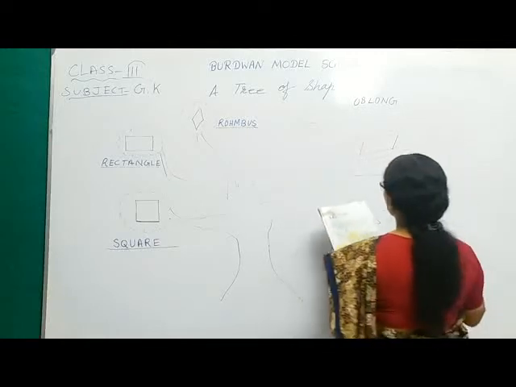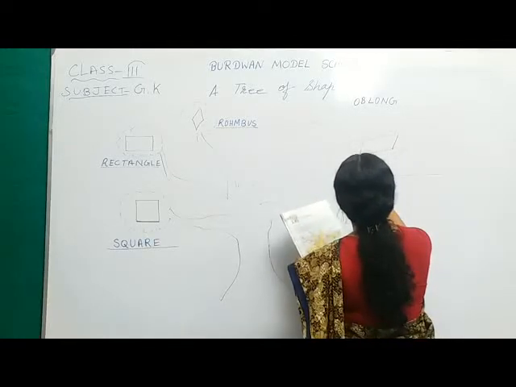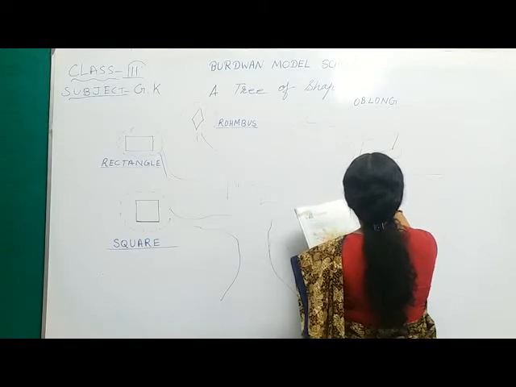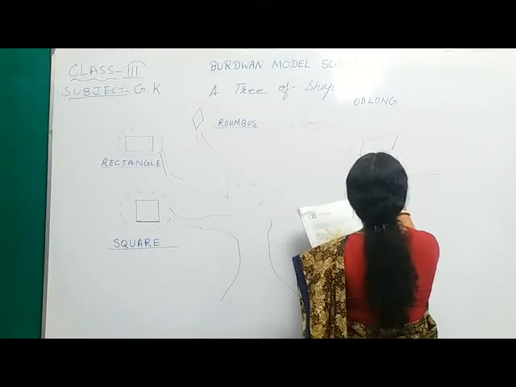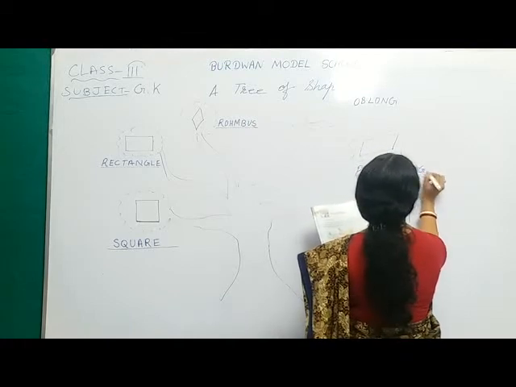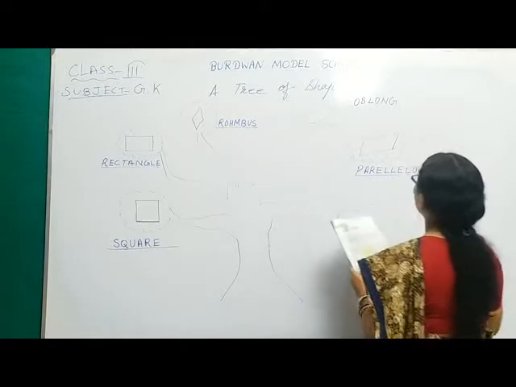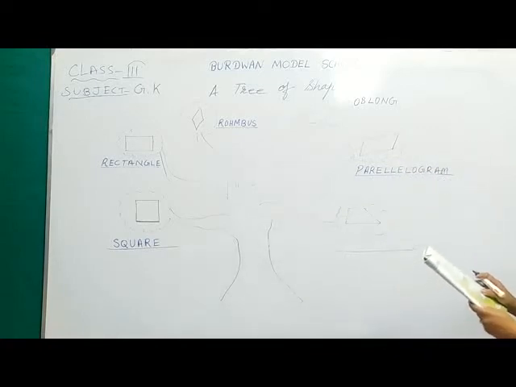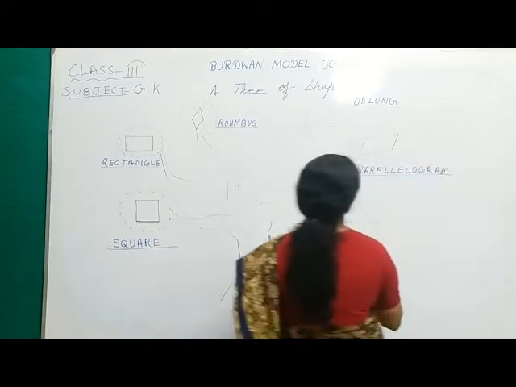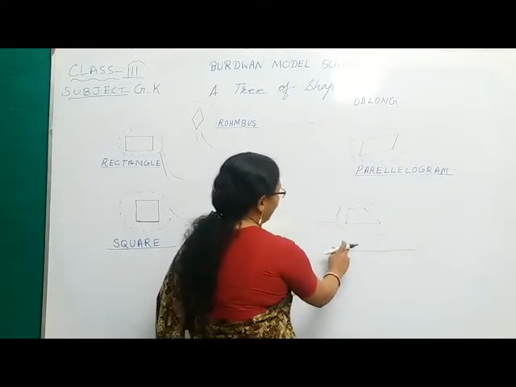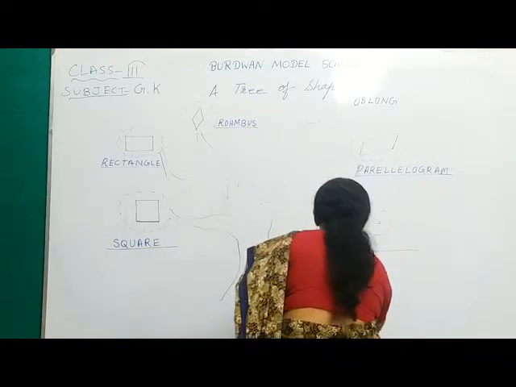And next is, yes, it is parallelogram. So here is the spelling of parallelogram. And the last one is trapezium. So here is the shape trapezium. And let us write the spelling of trapezium.